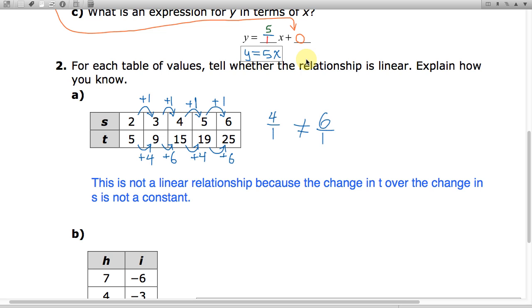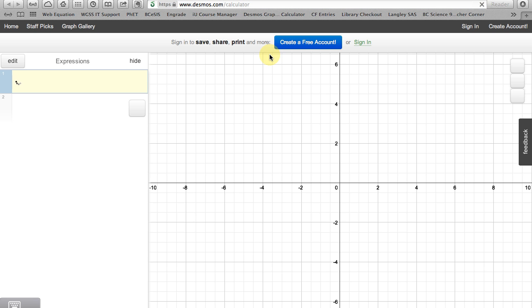So if I'm going to make a graph of something, sometimes I'll use this Desmos graphing calculator. It's at desmos.com/calculator, and I can certainly put my points in here just by specifying them in round brackets. So (2, 5) is a point, another point is (3, 9), and another point is (4, 15), and another point is (5, 19), and the last point is (6, 25).